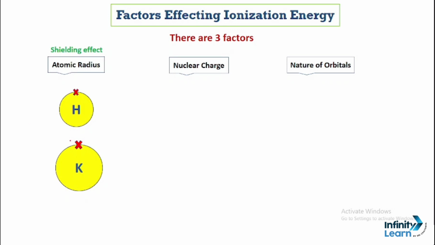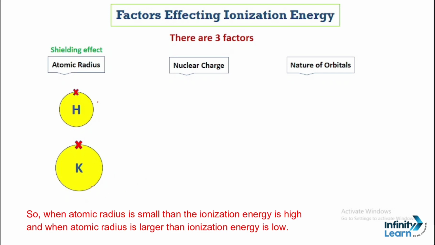Now considering hydrogen and potassium, the atomic radius of hydrogen is much smaller than that of potassium, which is larger in size. So it will be hard to remove an electron from hydrogen when compared to potassium, and in potassium it will be very easy to remove the electron. By this we can say that when atomic radius is smaller, the ionization energy is higher, and when atomic radius is larger, the ionization energy is low.